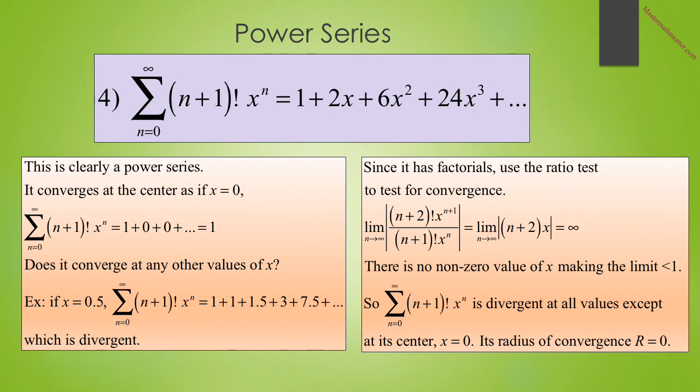And that is infinity. Meaning that there is no non-zero value of x making the limit less than 1. So summation n equals 0 to infinity of n plus 1 factorial x to the n is divergent at all values except at its center, x is equal to 0. And therefore its radius of convergence, r, is equal to 0.